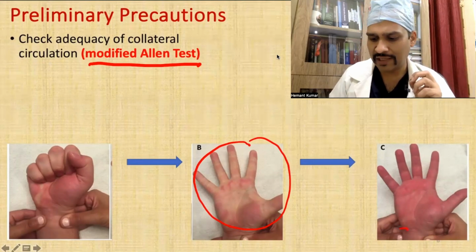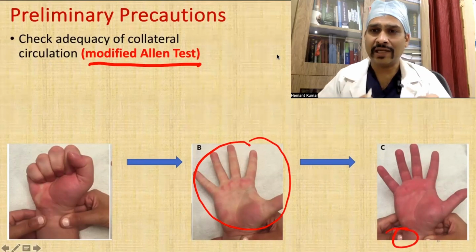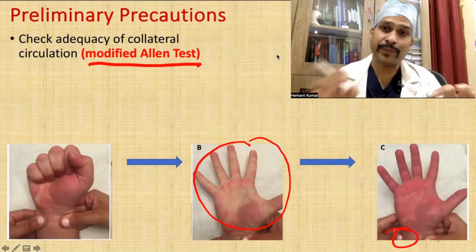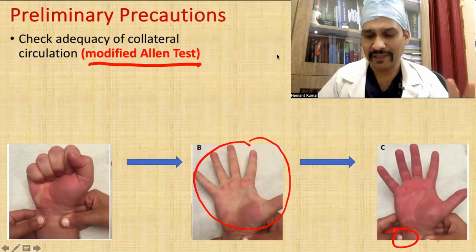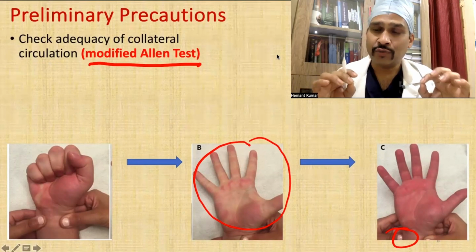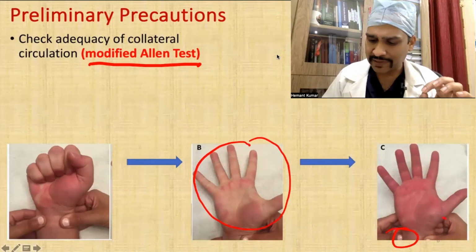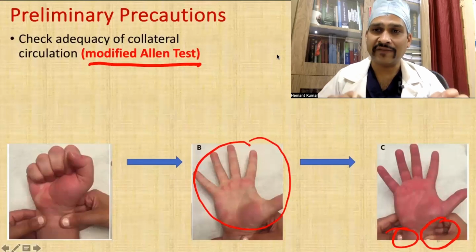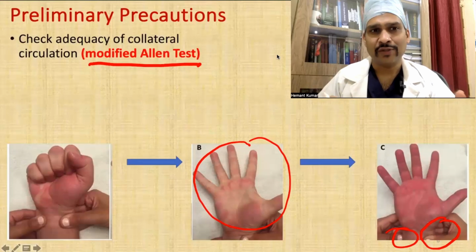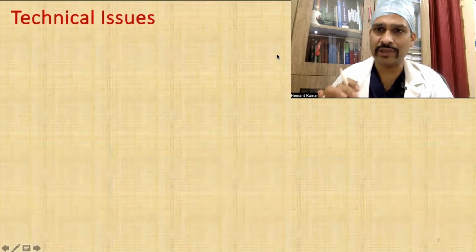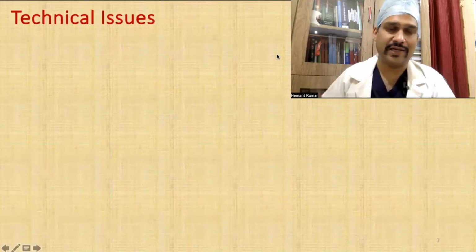See, you have to release the ulnar artery. By releasing the ulnar artery, the palm which was pale becomes red again. It means even if you compress the radial artery, the ulnar artery is sufficient to supply blood to the palm. So this is how we do the modified Allen test to see patency of the ulnar artery.